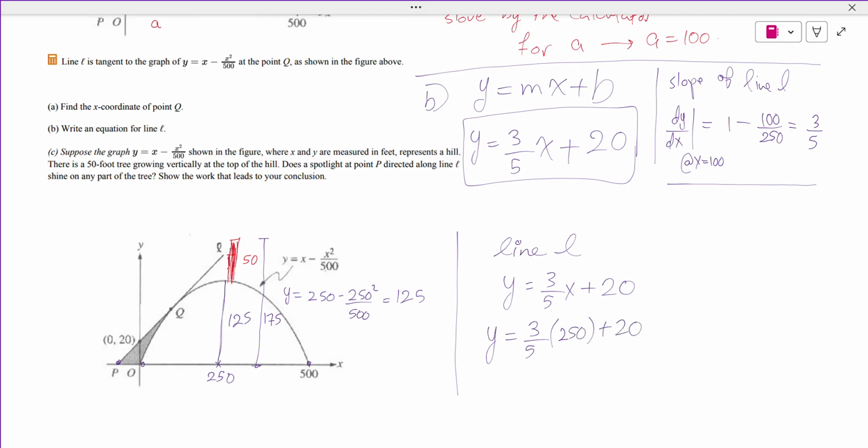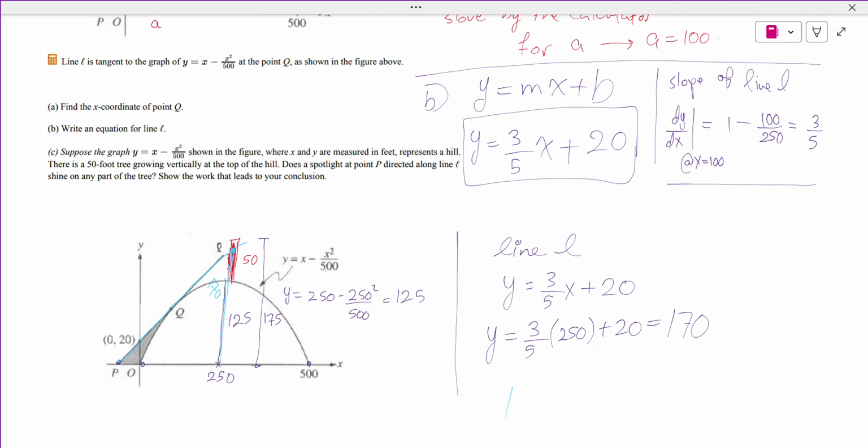Three fifths of 250 plus 20 will be 170. That means when the spotlight shines this way along line L, the maximum point will be 170, and the tree can go up to 175.